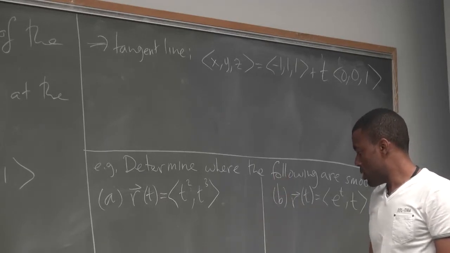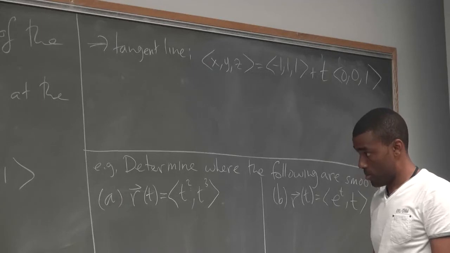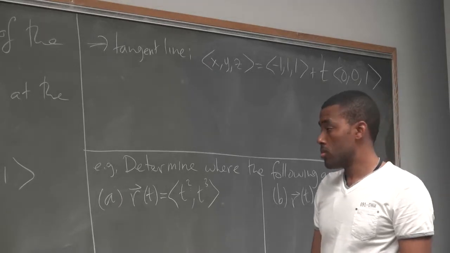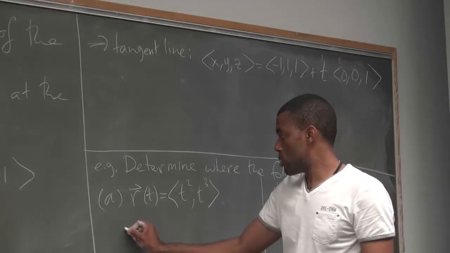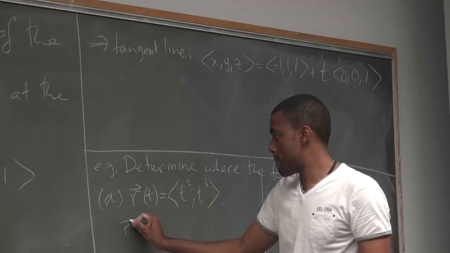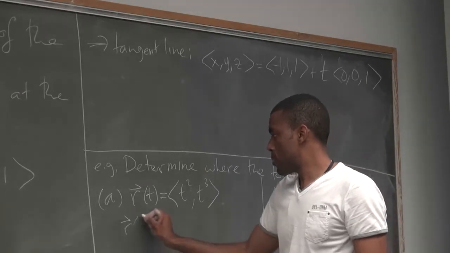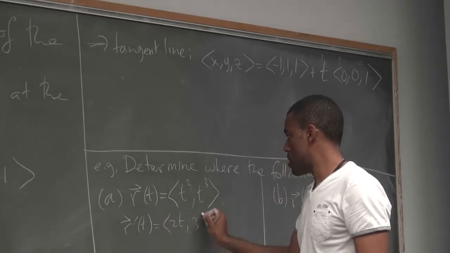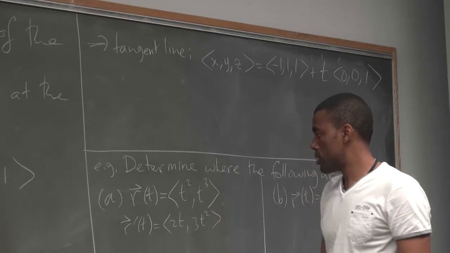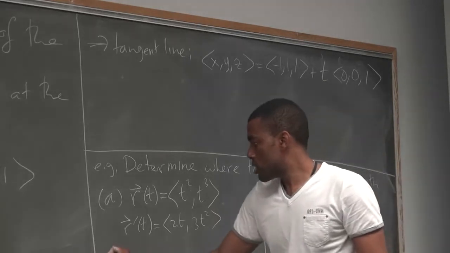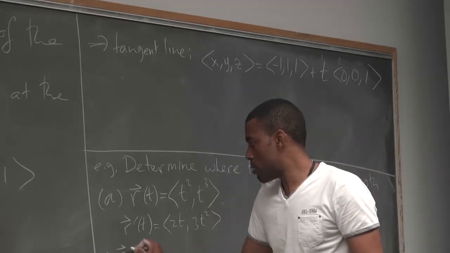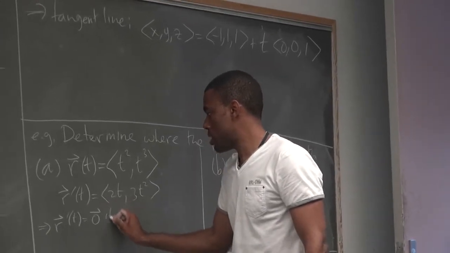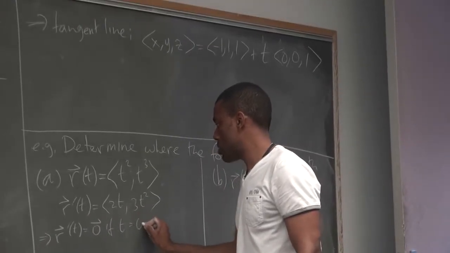For smoothness, what do we look for? Would the derivative not be undefined? Look at the derivative. We know it's 2t, 3t squared. This means that your r prime of t equals the 0 vector if t equals 0.